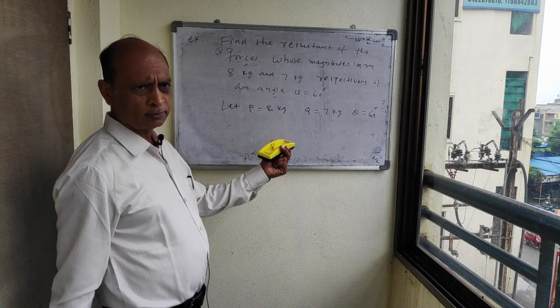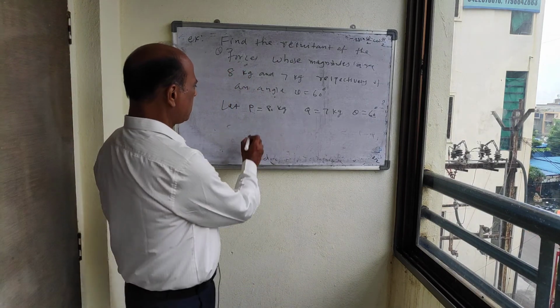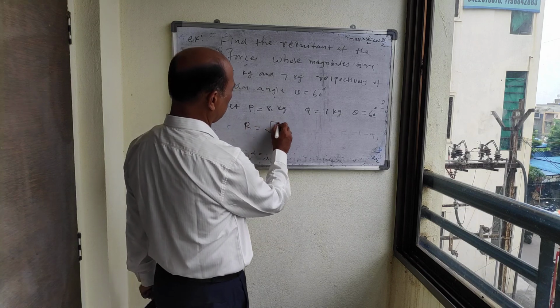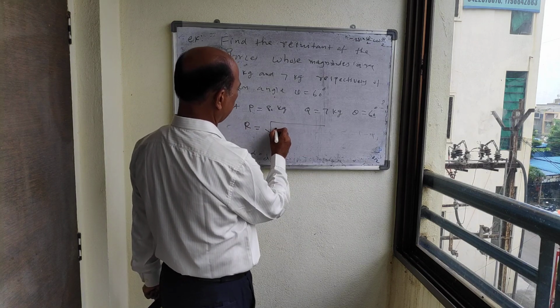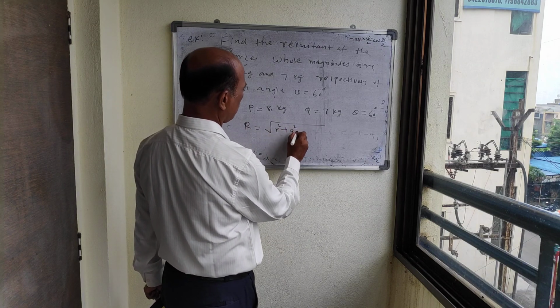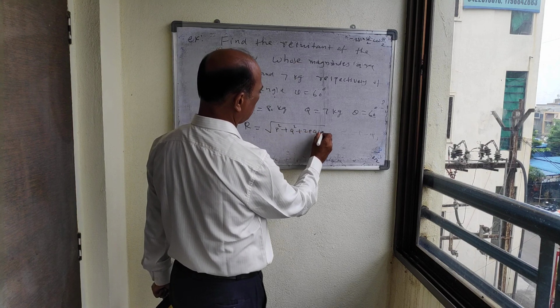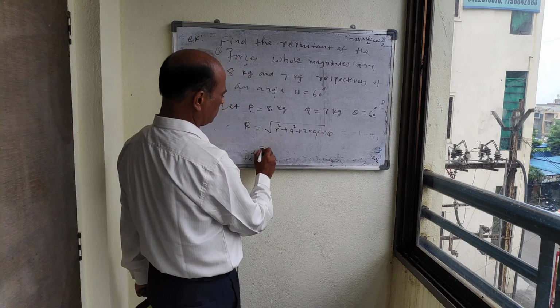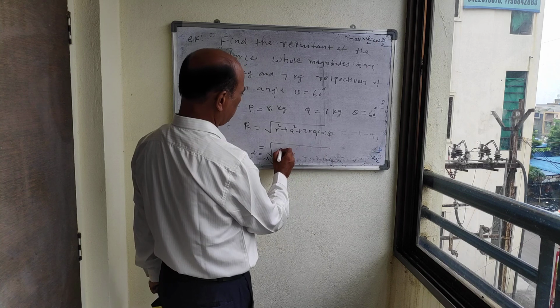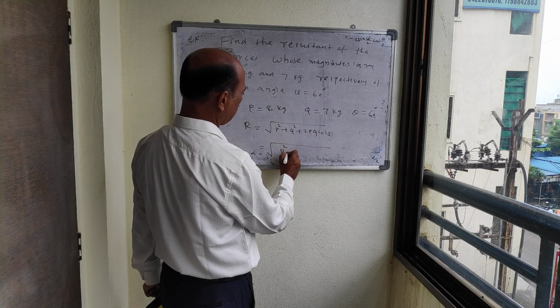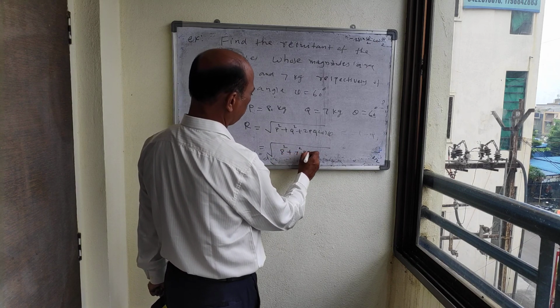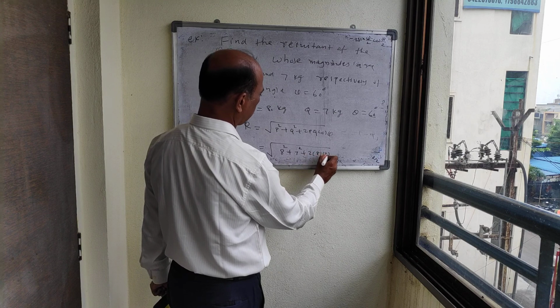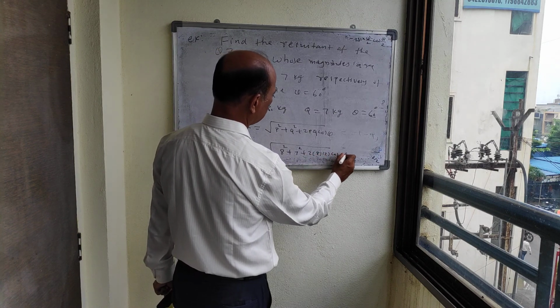We have the formula for the resultant, R is equal to under root of P square plus Q square plus 2PQ cos of theta. So just put these values: 8 square plus 7 square plus 2 into 8 into 7 into cos of 60 degrees.